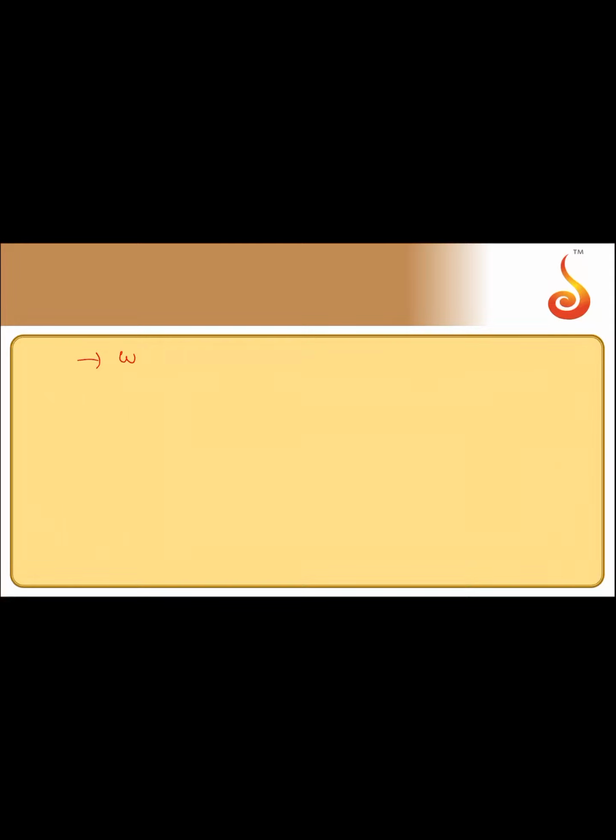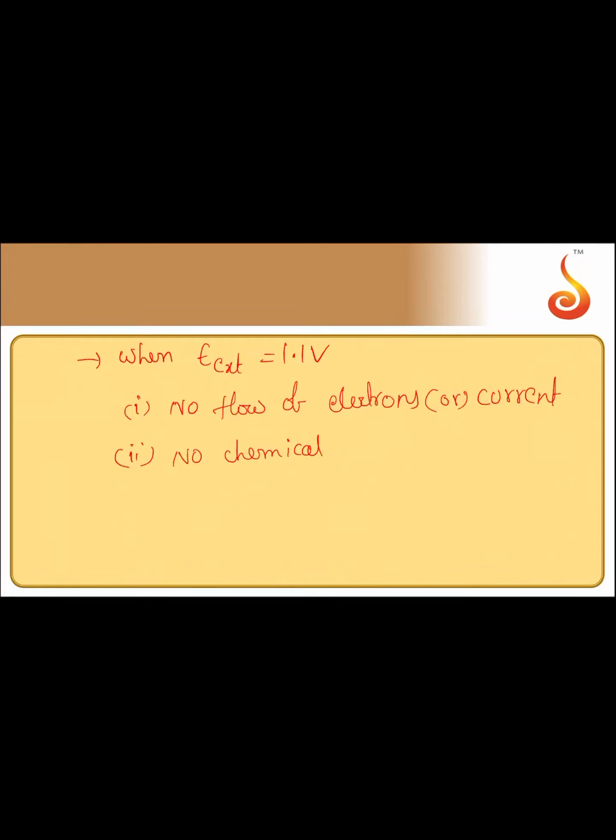When external potential is equal to 1.1 volt, which is equal to the electrode potential, then no flow of electrons or current, and no chemical reactions.